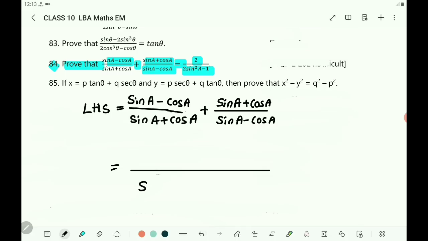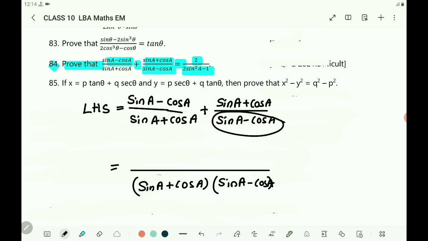And you write sin A plus cos A in one bracket. In the other bracket, sin A minus cos A. Sin A plus cos A into sin A minus cos A. Then the numerator becomes, the sin A minus cos A must be multiplied by sin A minus cos A. So it becomes sin A minus cos A whole square.